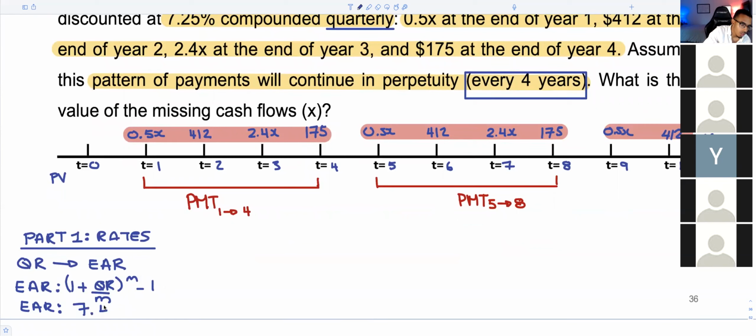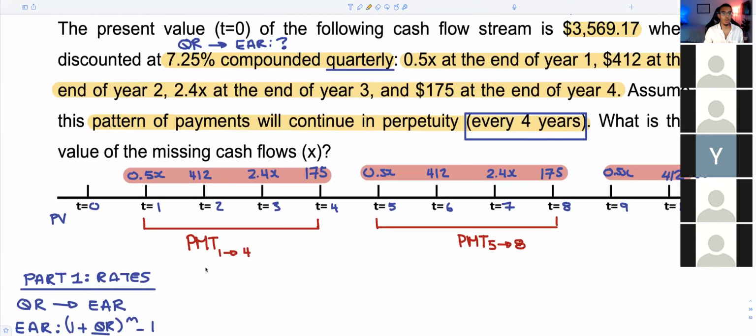Now you may be asking yourself, why is this our first step before all else? Well, the reason is that since our payments are grouping 4 years, we need to assess what that means for us.